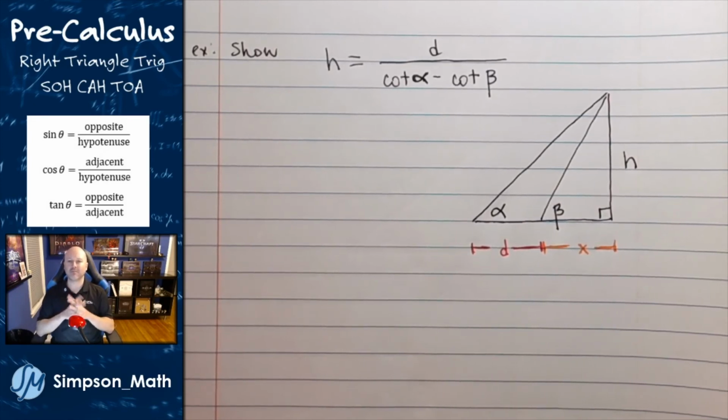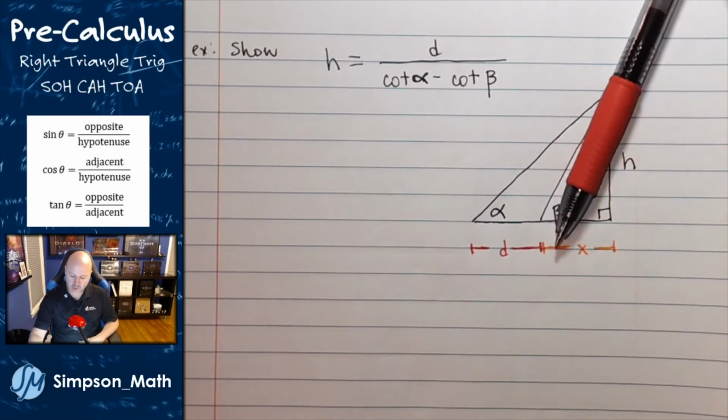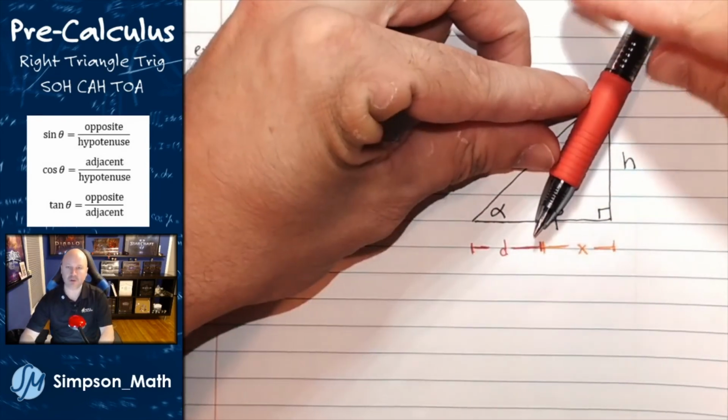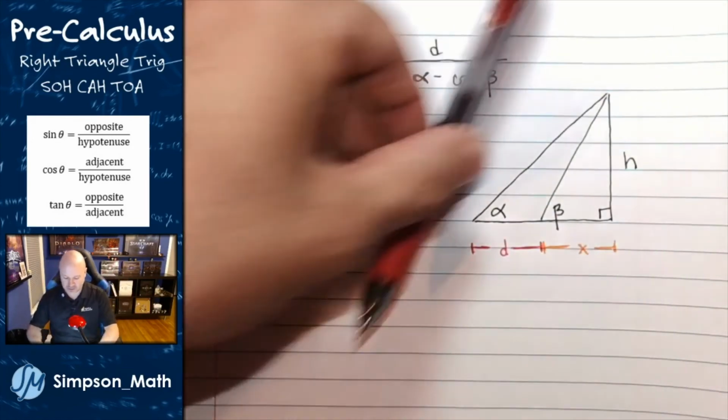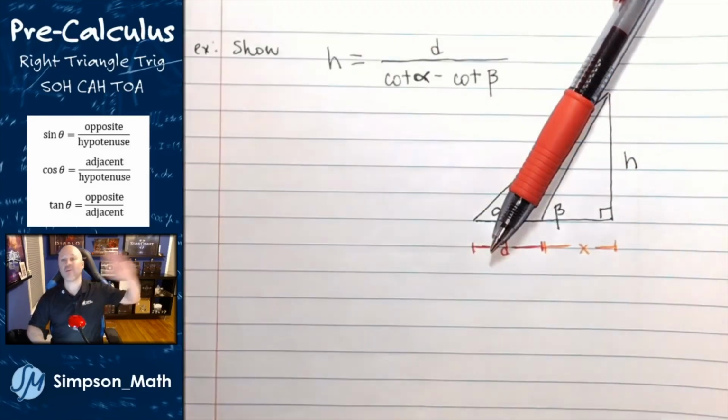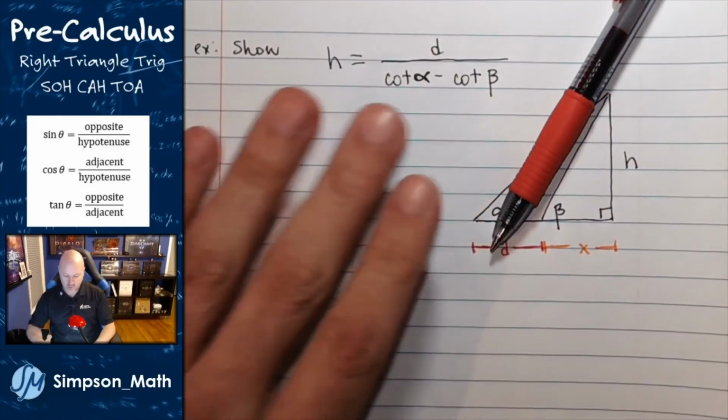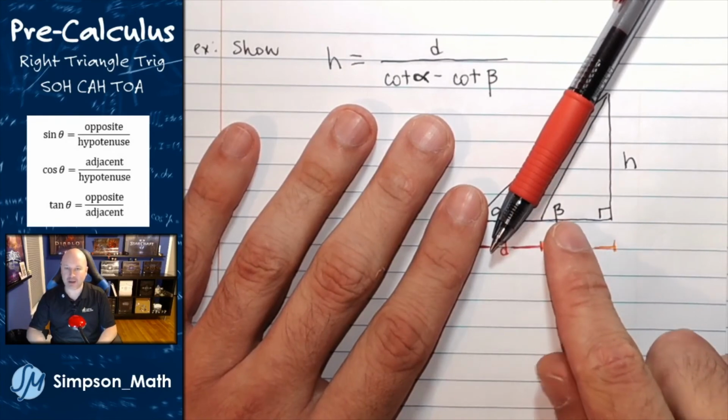Okay, this is quite funky, but hopefully you see a right triangle like normal with a reference angle of alpha. And then hopefully you see this other right triangle with reference angle beta.